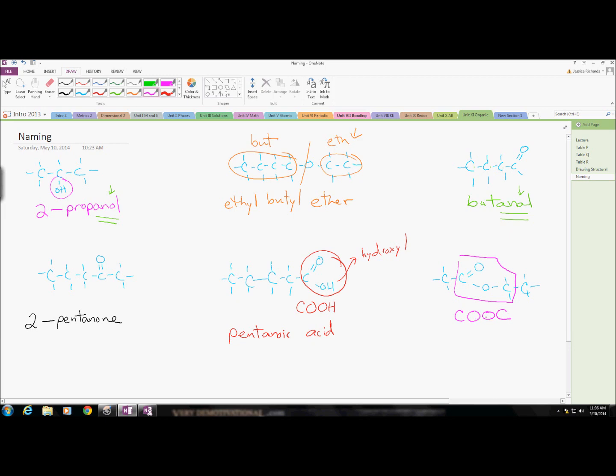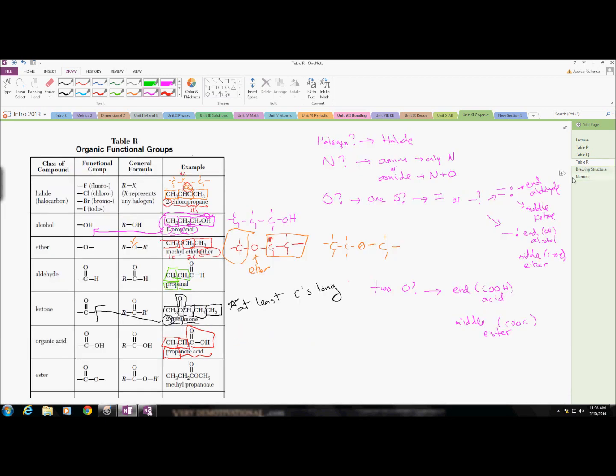So this is an ester. The example on your table of an ester is methyl propanoate. So meth means 1 carbon and the YL means a branch. Prop means 3 carbons, and then we have anoate for our ending. So this must be what tells you it's an ester.